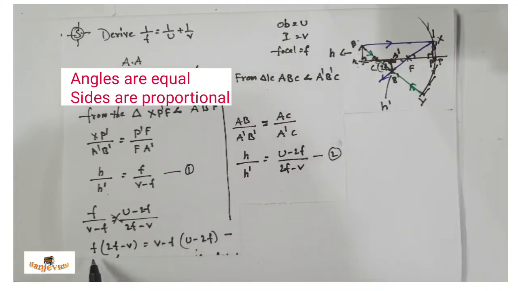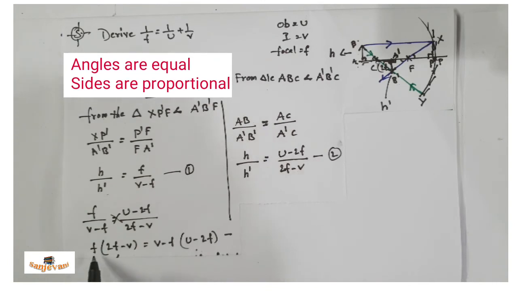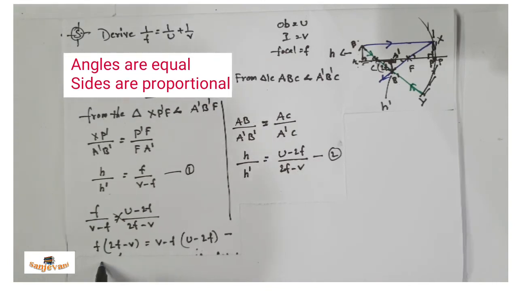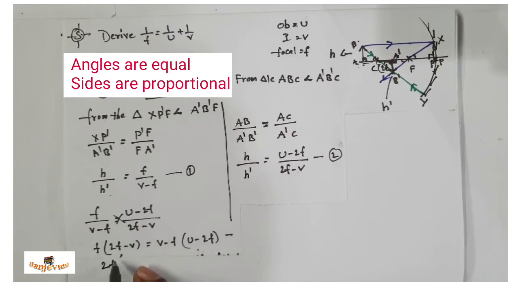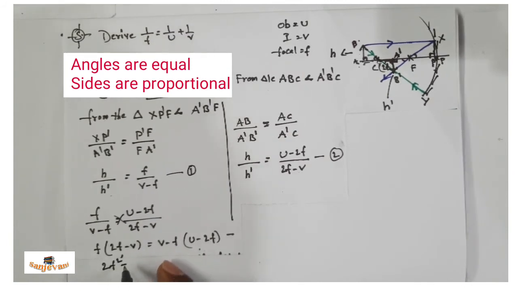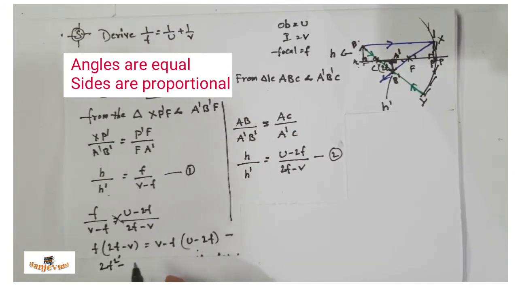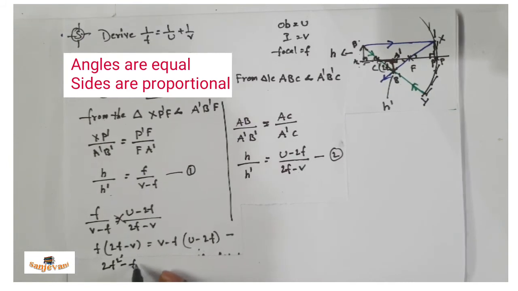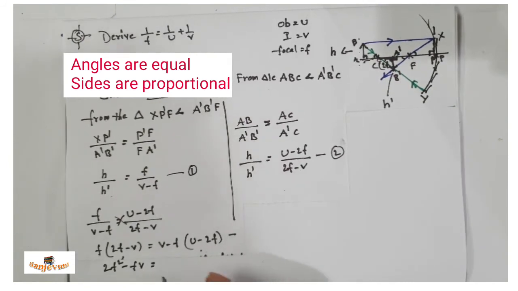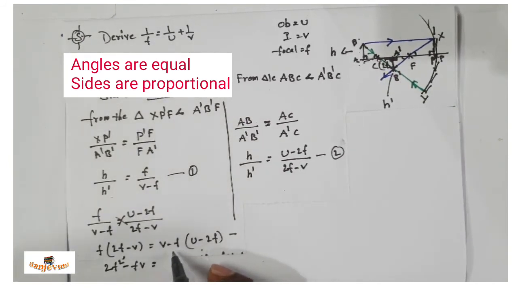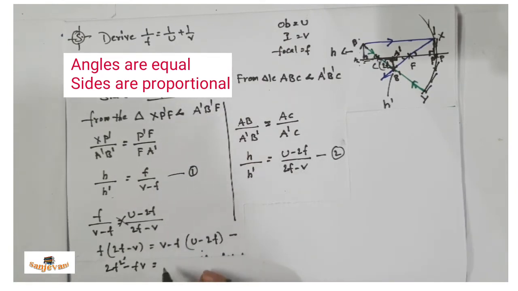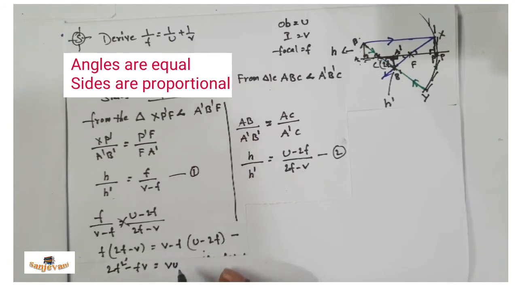Apply f with 2f minus v: f into 2f gives 2f square, minus f into v, that is fv, equal to, now we need to multiply v minus f with u minus 2f. v into u is vu.